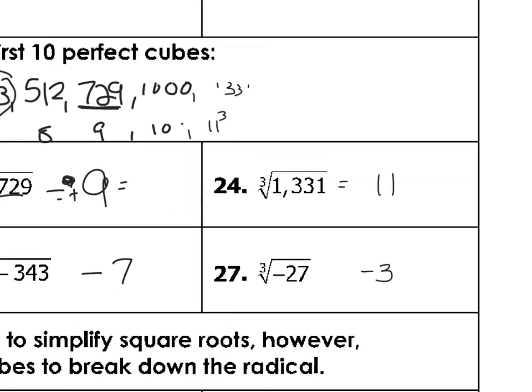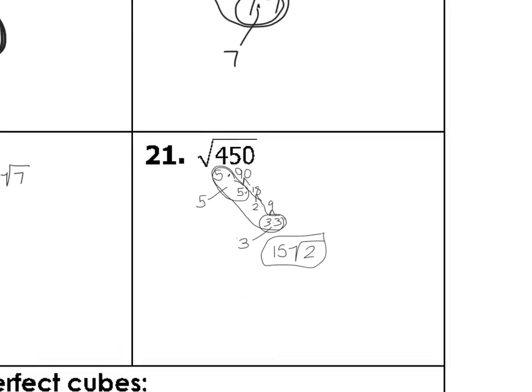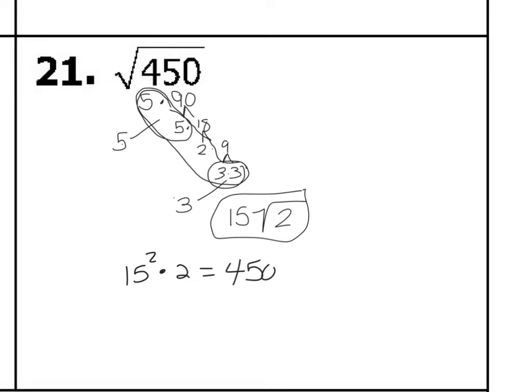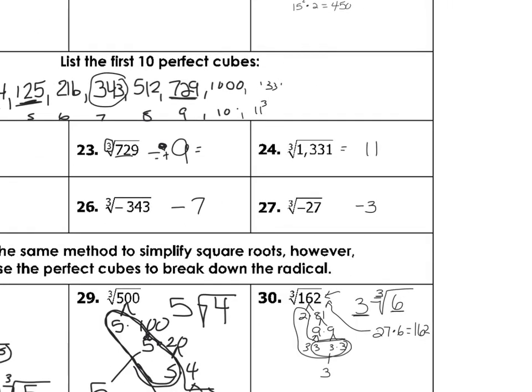Because I want to show you, let's look at this one up here. 15 to the square root of 2. So 15 squared times your radicand, that's going to equal 450. Okay? So you could check your answers that way.